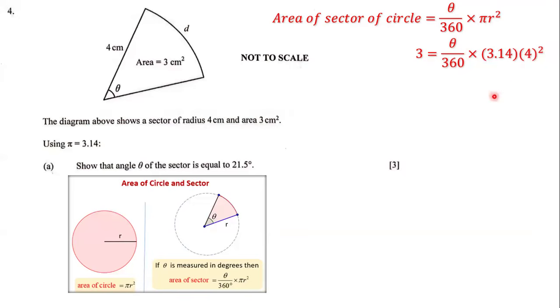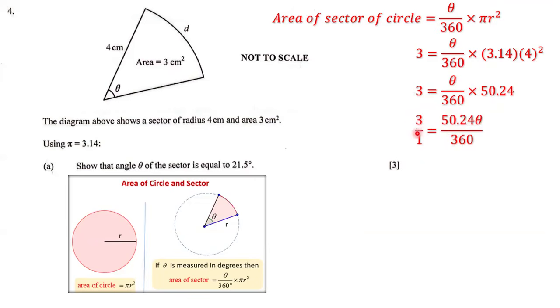Okay, so let's multiply. What is 3.14 times 4 squared? Well, that's 50.24. And so we have 3 is equal to theta over 360 multiplied by 50.24. Next, we multiply theta times 50.24, which is 50.24 multiplied by theta, all over 360.